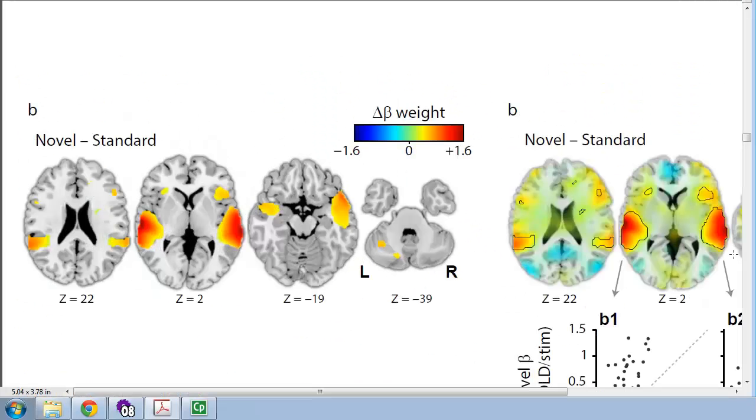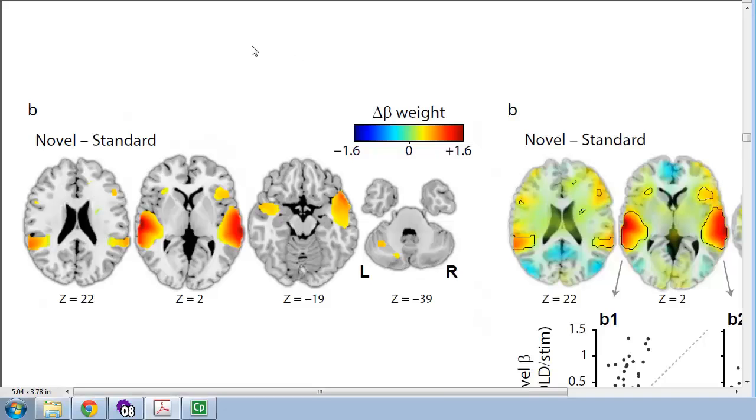Here's another display. This is standard for functional MRI, where we have two conditions. This is an audio oddball task where you hear different sounds, and sometimes there's a standard sound that's like a pip, just a beep, beep, and then there's a novel sound that sounds like a train whistle, or a sweeping noise like whoop, or something like that.